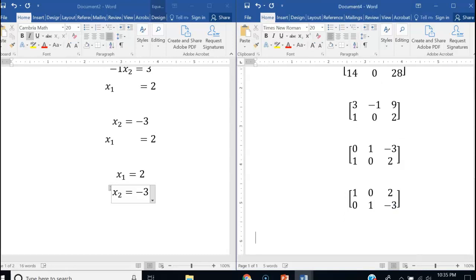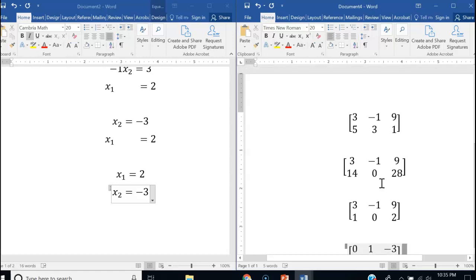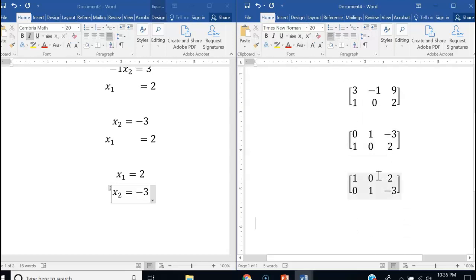Once you get used to this matrix, you're going to see it as, oh yeah, 1 times x1 is equal to 2, and 1 times x2, because remember those x2s always stood for that second column. x1s were always in the first column. Constants were always in the third. So you'll immediately see first column 1x1 equals 2, 1x2 equals -3. You'll be able to see the solution just as easy over here as you do over here.